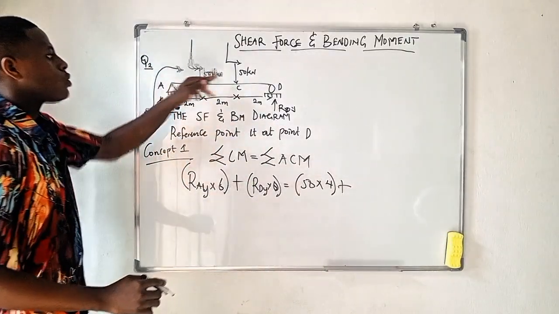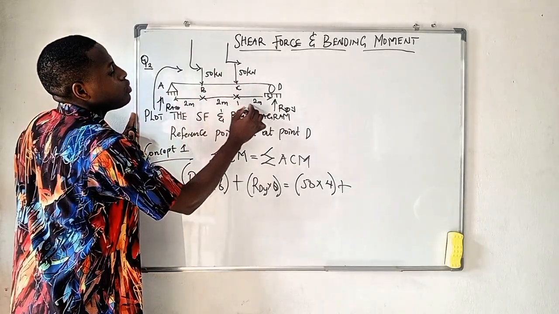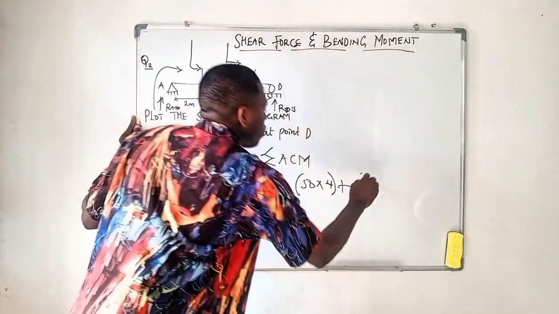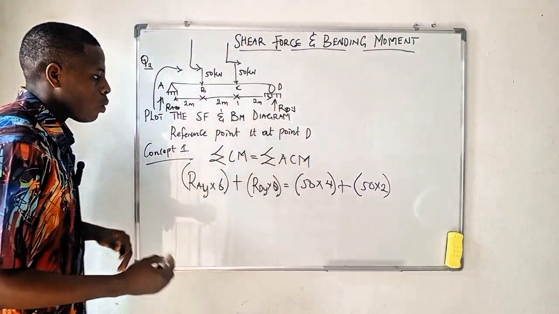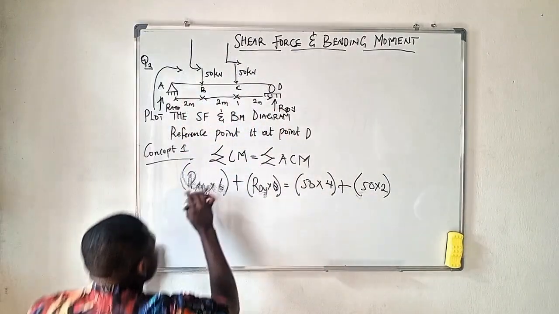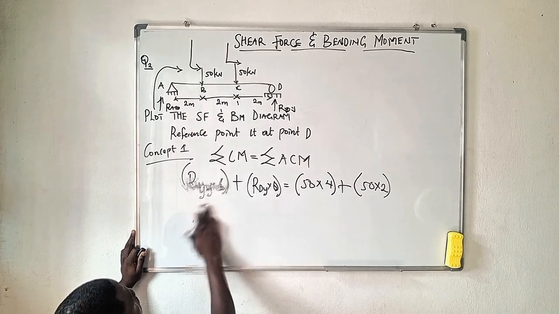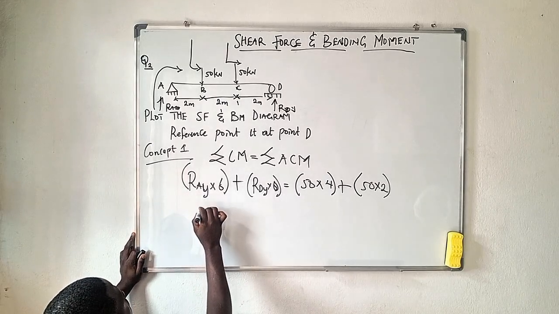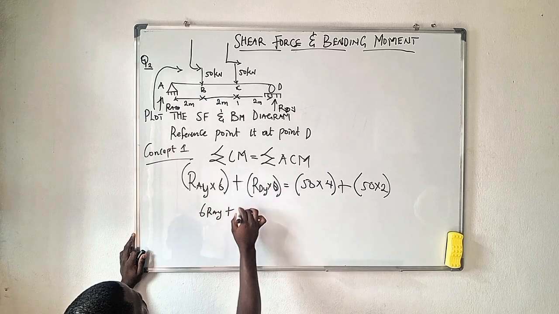Plus the next one, 50 here, with a distance of 2 meters, so we have 50 times 2. This is 6 RAY, plus this is already 0.